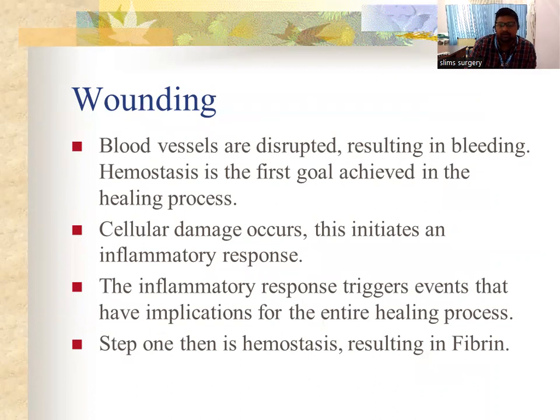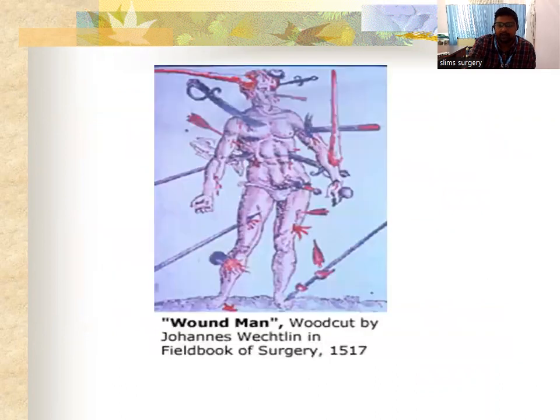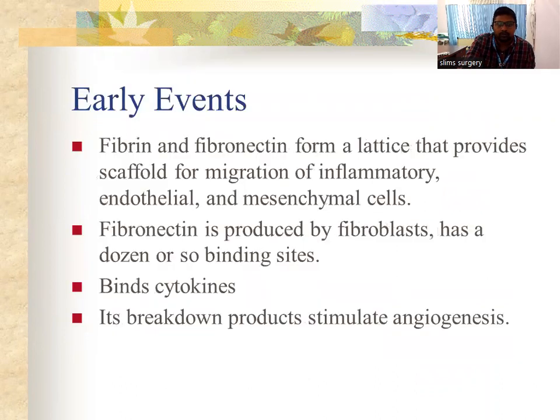So there come your cells like neutrophils, platelets and lymphocytes. These will form a hemostasis process resulting in fibrin. So fibrin and fibronectin come from the migration of the inflammatory cells from the endothelial cells.